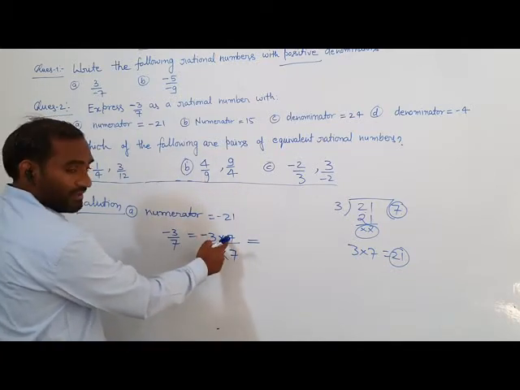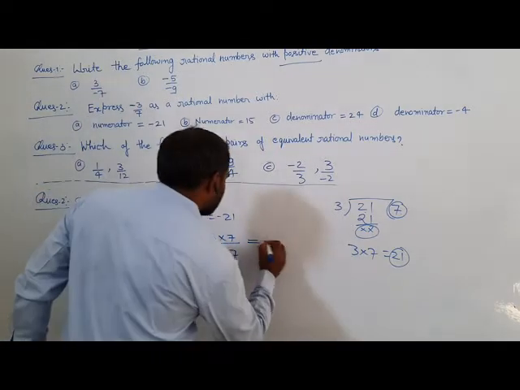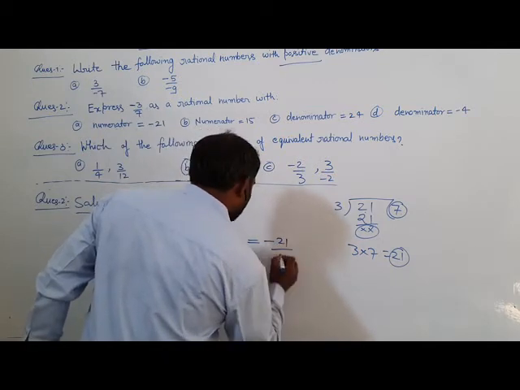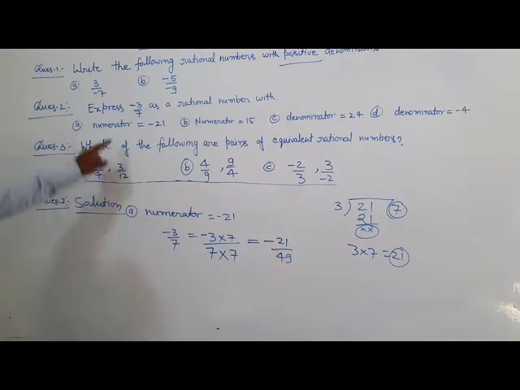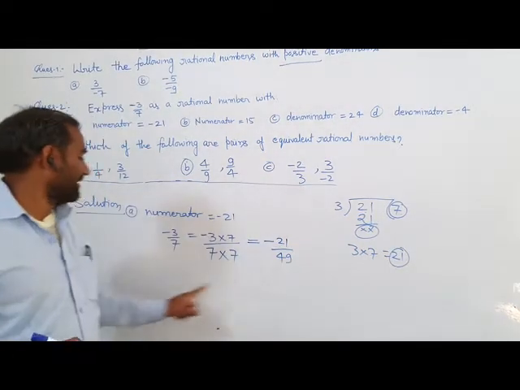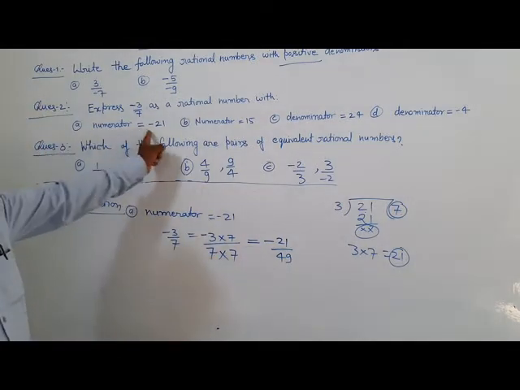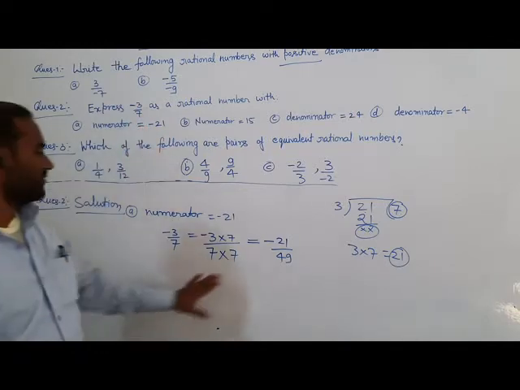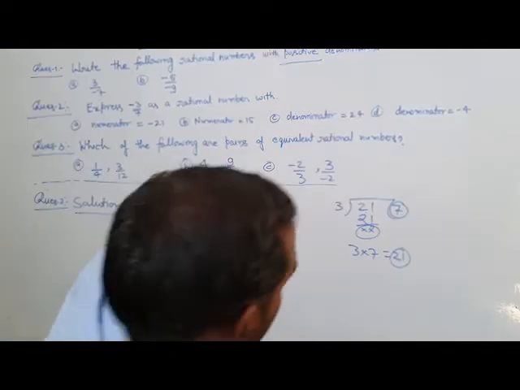The product of opposite sign is negative. 3 7 ja 21, 7 7 ja 49. Here in A, numerator is minus 21, and there is no need to say the denominator, but in the first option he is asking to change the numerator. So here we have changed the numerator to minus 21.